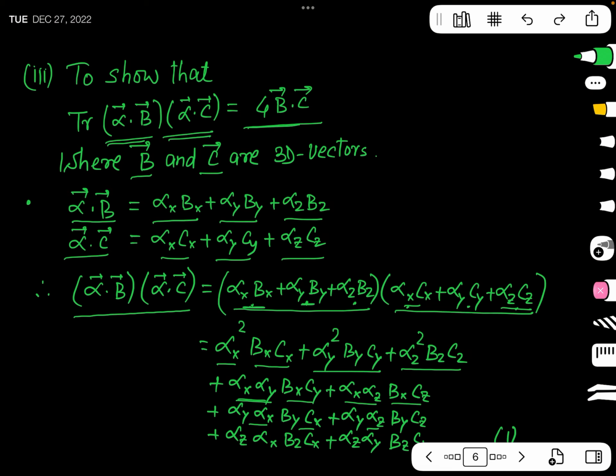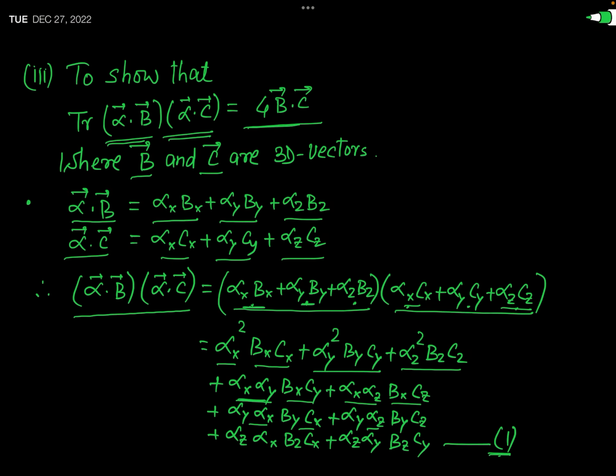You know that alpha x alpha y is equal to what? This is minus alpha y alpha x. So these two terms will combine together, and alpha x alpha y will be the common factor, and there will be bx cy minus by cx.